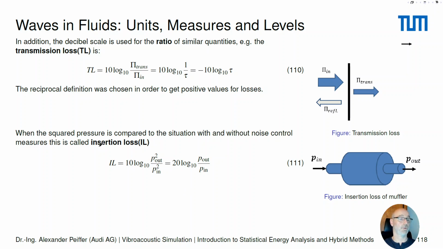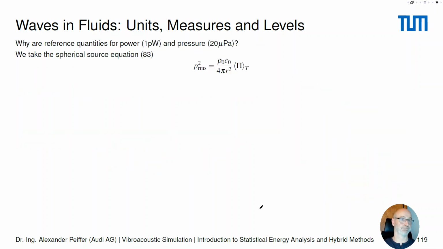And this is what we call the insertion loss, because it describes the loss of something that is inserted. And this here is this expression. So no longer any power quantities, but two comparable quantities. It could also be vibration, but here in the muffler example, it is the squared pressure.